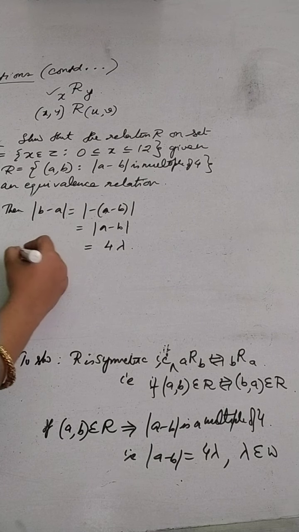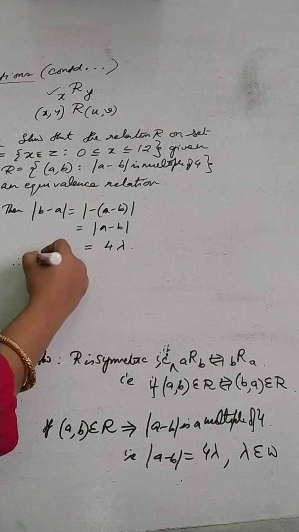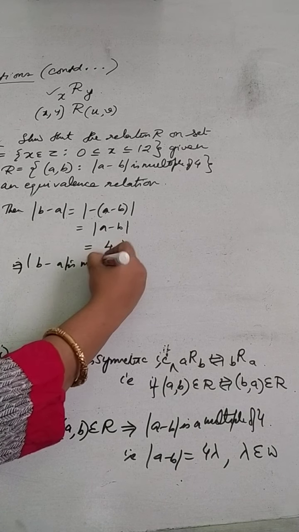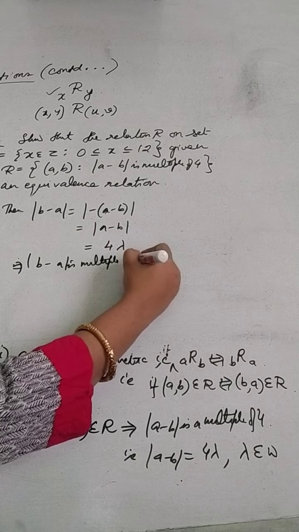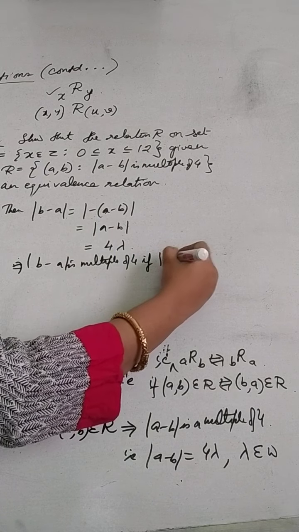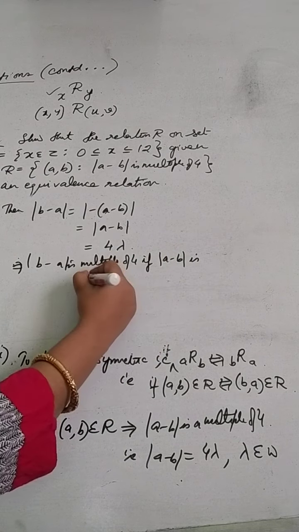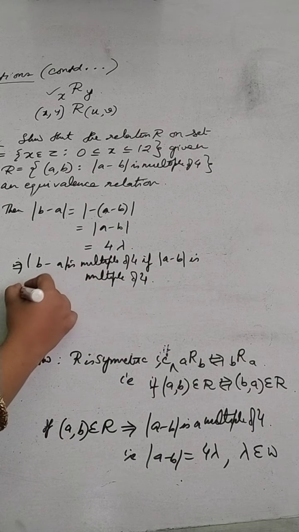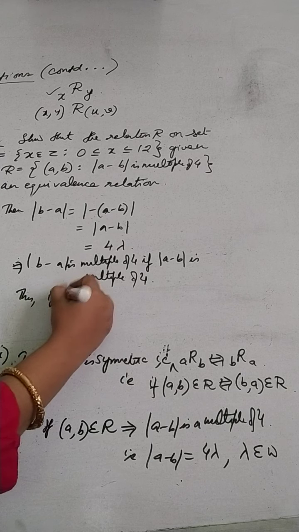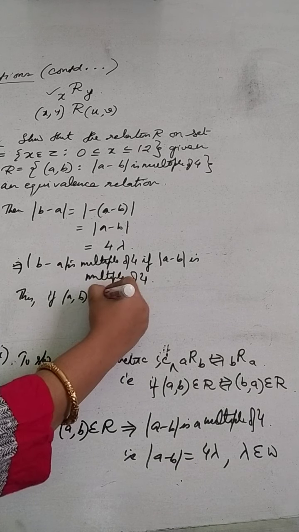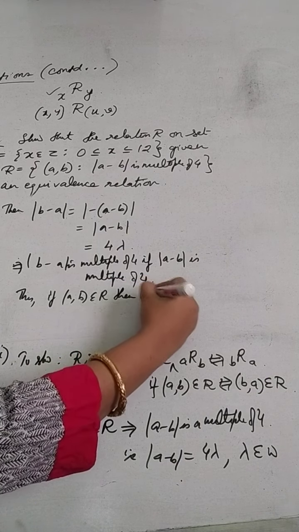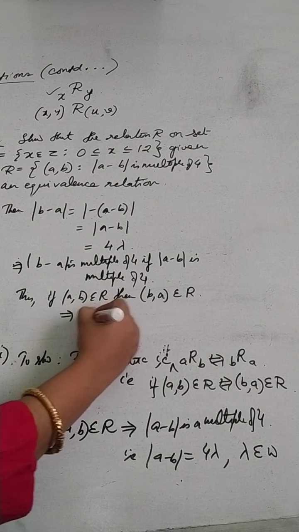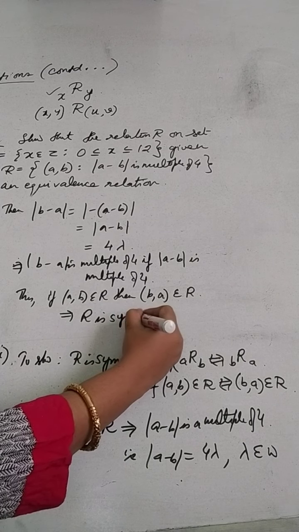Therefore, modulus of B minus A is a multiple of 4 if modulus of A minus B is a multiple of 4. What does it mean? Thus, if AB belongs to R, then BA also belongs to R, and this means that R is symmetric.